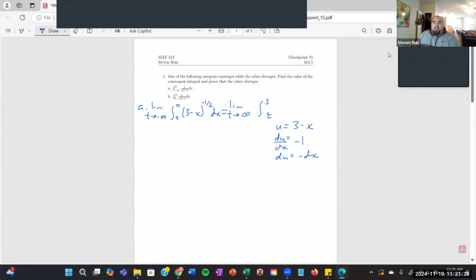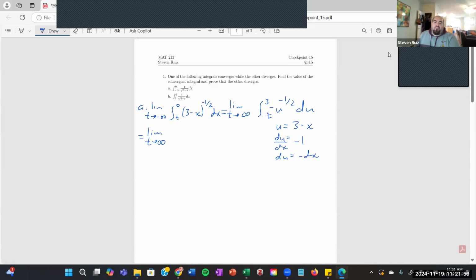All right, so now what's the rest of this integral look like? Instead of 3 minus x, it's going to be u to the negative 1/2, and instead of the dx, it's going to be negative du. So minus u to the negative 1/2 du. So now we're ready to take the antiderivative. So the limit as t approaches infinity of, all right, now we can use the power rule.